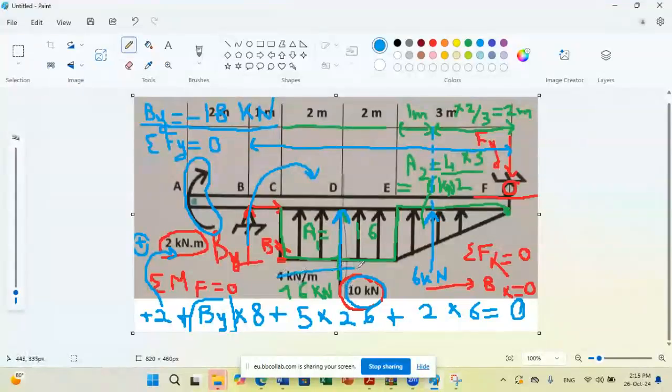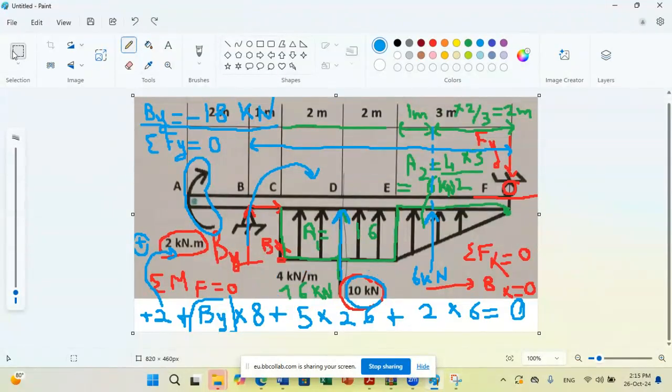So what is the total force acting at D? 16 plus 10, 26. And this 26 force is at a distance of 5 meters from F, so we multiply by 5. Okay, thank you.